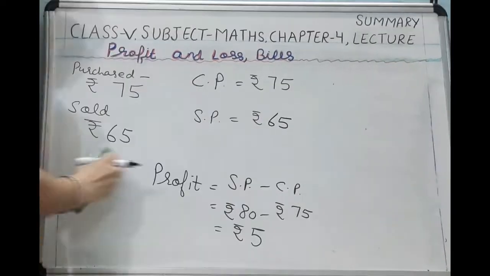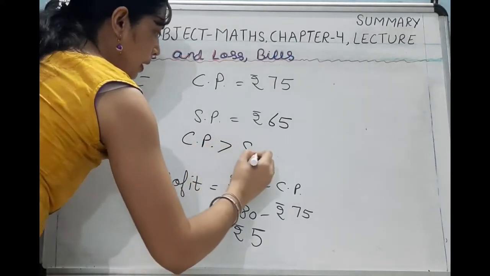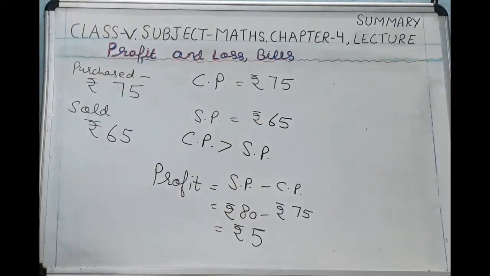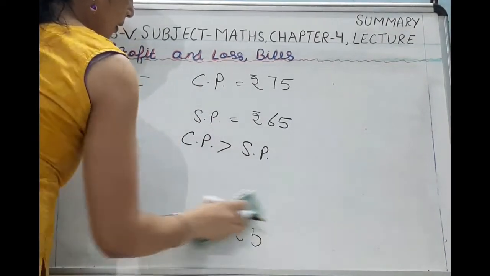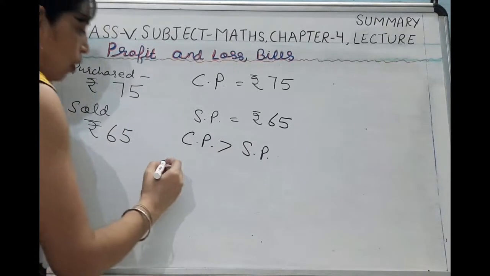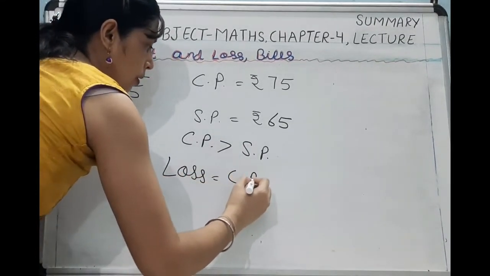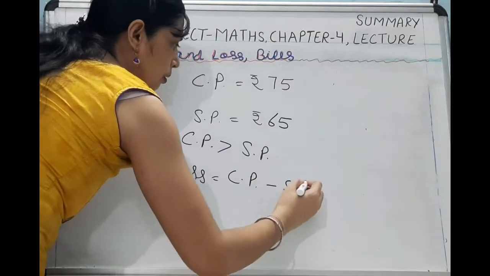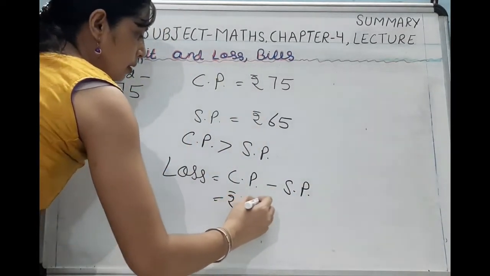Because my cost price is now more than selling price. So when cost price is more than selling price, then there is a loss. How much? That is cost price minus selling price.